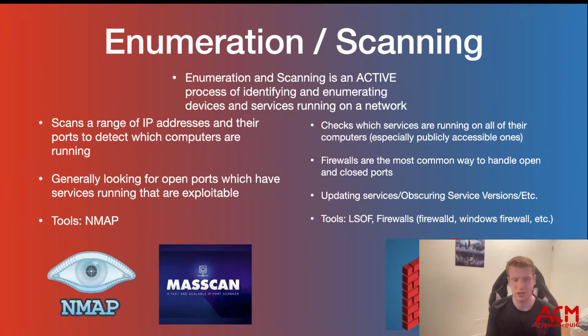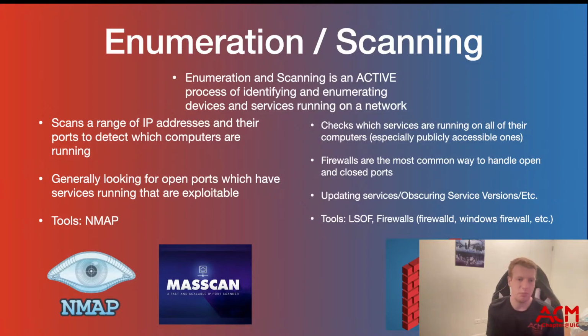If you're going to connect to a port and try to exploit it, you need to know what's running on it so that you can look that up and see what possible security vulnerabilities there are. Nmap a lot of the time will give you the version numbers and everything, so you can just type into Google: are there any security vulnerabilities for this specific version of this specific software?